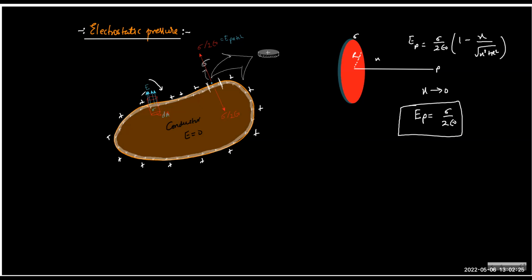So now what is the flux here? Applying Gauss law, what will happen? Tell me. Gauss law talks about flux, sir. E into the surface area of the Gaussian surface is equal to the charge by epsilon naught.